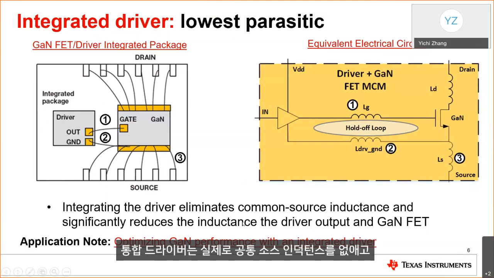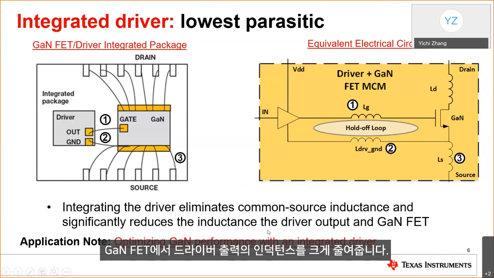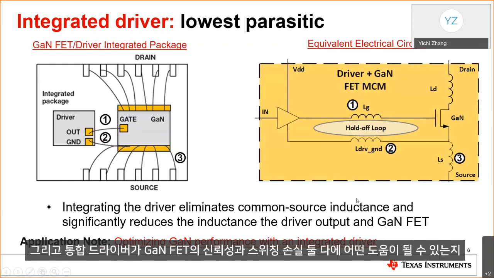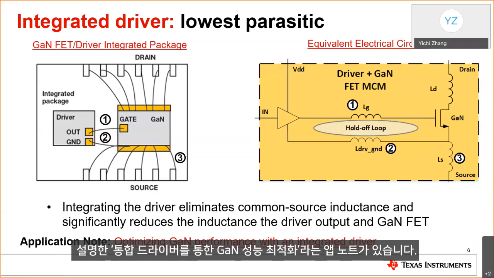The integrated driver eliminates the common source inductance and significantly reduces the inductance of the driver output and the GaN FETs. So it gives you the minimum parasitic inductance. And we do have app notes on optimizing GaN performance with the integrated driver that outline how the integrated driver can help with both reliability and switching losses for GaN FETs.